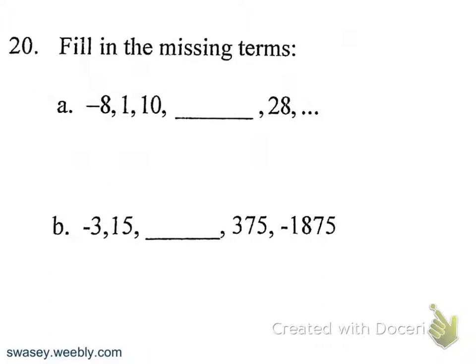Here we want to fill in the missing terms, so we're going to continue this pattern. 1 minus a negative 8 gives us 9, so we're adding 9. 10 minus 1 gives us 9, so that is the pattern. We're adding 9 each time. 10 plus 9 gives us 19 for the missing term.